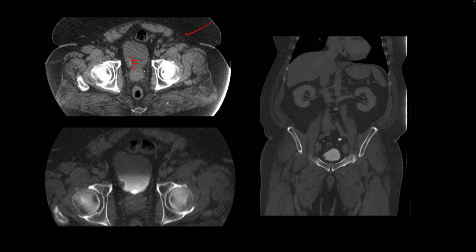On the arterial phase, there is enhancement of the tumor, and on the delayed phase, when the kidneys excrete the contrast into the urinary bladder, like shown here, the tumors are seen as irregular filling defects arising from the wall of the urinary bladder and towards the lumen. So these findings are characteristic of a urothelial malignancy or a transitional cell carcinoma, generally or more commonly seen in older men with history of smoking.